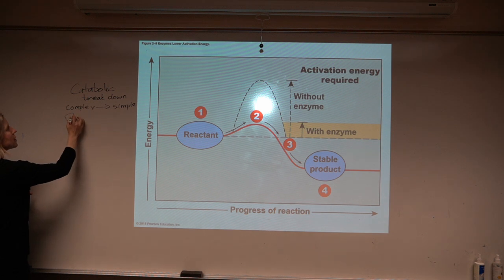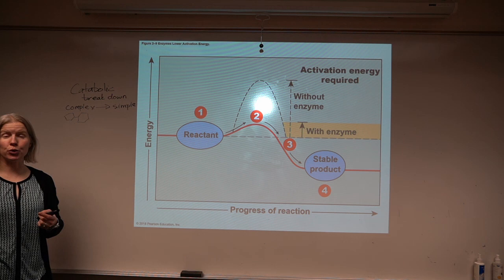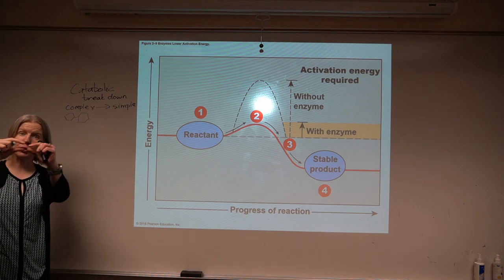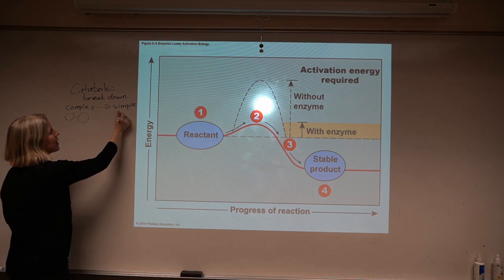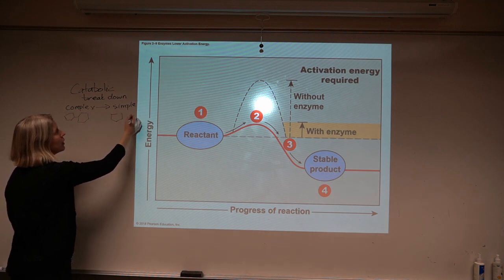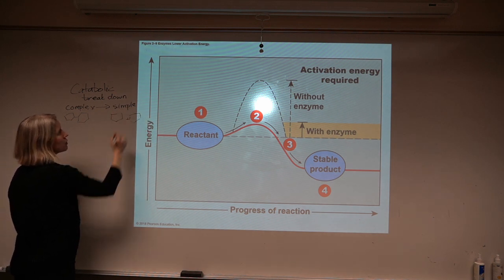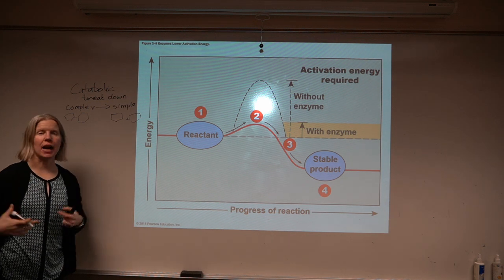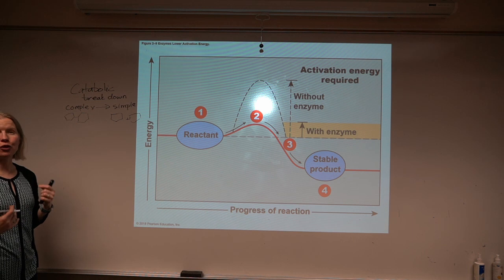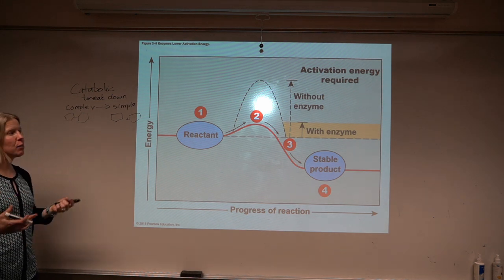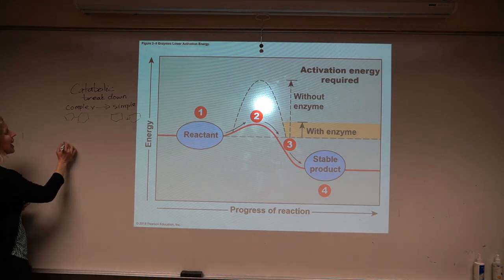So for me, I think of something as easy as this. You take a disaccharide like sucrose. Sucrose is made up of glucose and fructose. They're bonded together, right? You can break that down into those individual monosaccharides, those individual sugars. That would be a catabolic reaction. Catabolic reactions release energy.